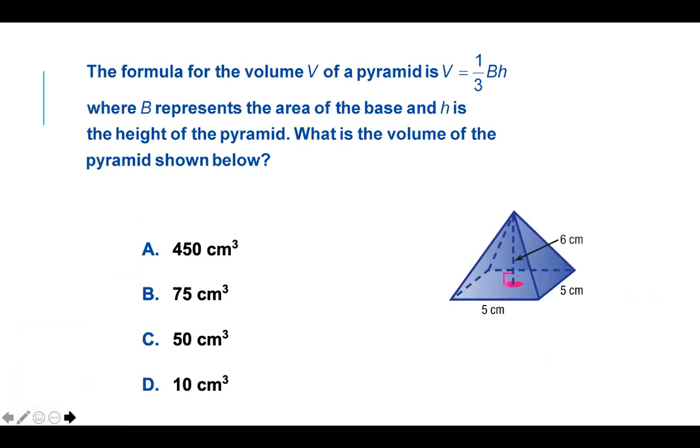All right, so here we have a formula for the volume V of a pyramid. V equals 1/3 base times height, where B represents the area of the base and H is the height of the pyramid. What is the volume of the pyramid shown? So take a moment, pause the video, and try it on your own before we go over this.